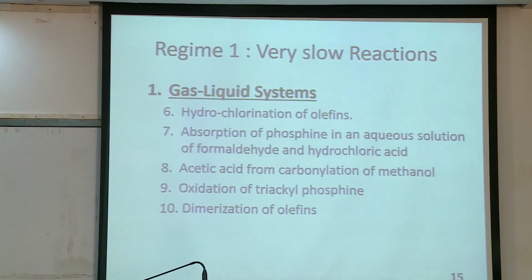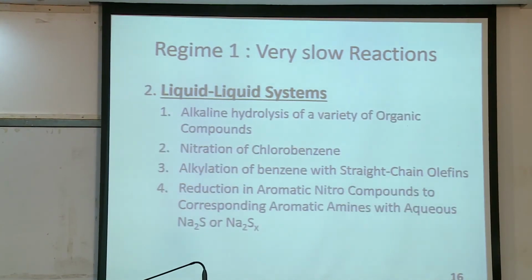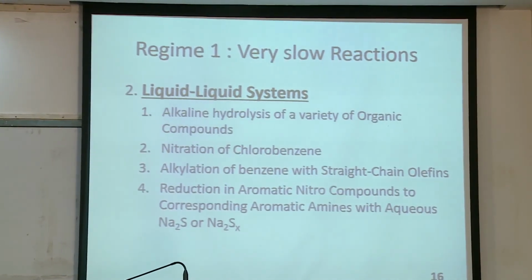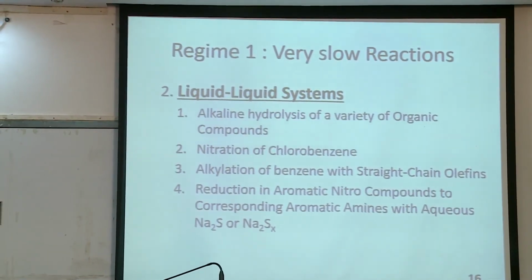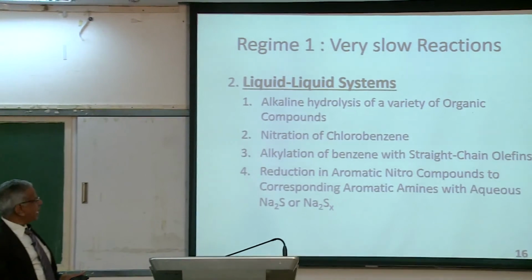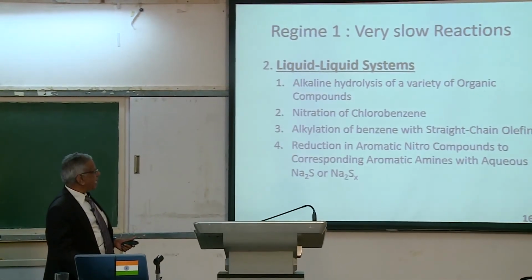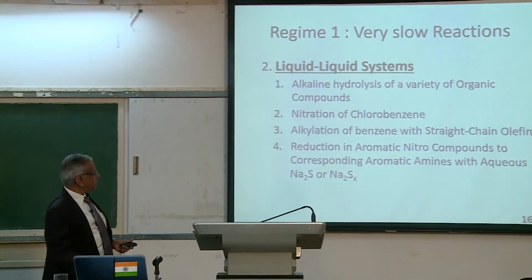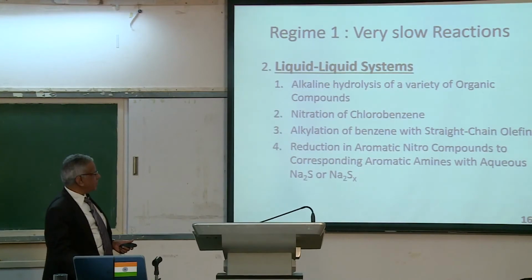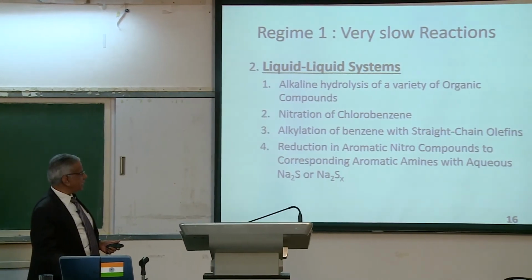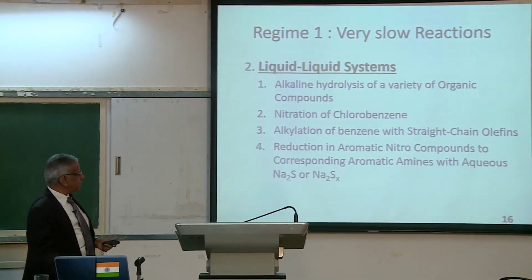Dimerization of olefins, very slow but liquid. Alkaline hydrolysis of a variety of organic compounds, nitration of chlorobenzene, alkylation of benzene, reduction of aromatic nitro compounds to corresponding aromatic amines, but this is to be done with sodium sulfide as reducing agent.